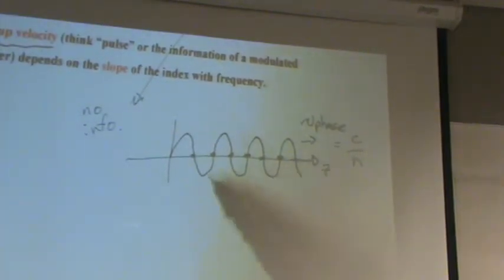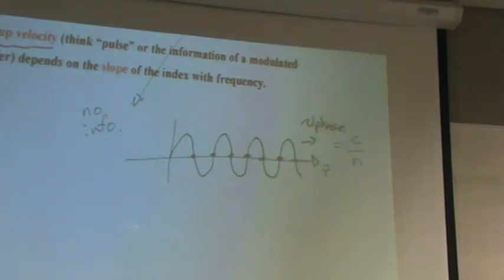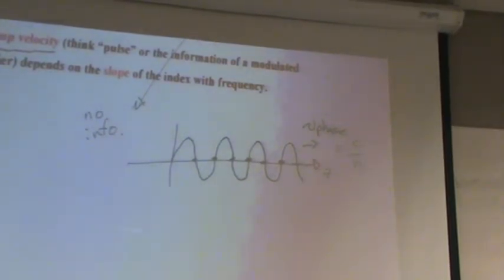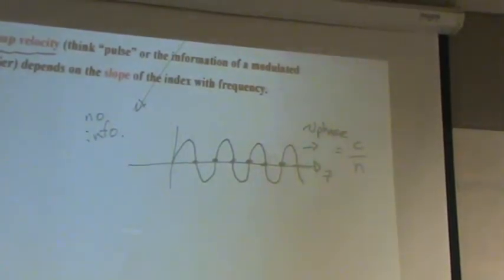But there's no information on this signal. This is just a tone. If you came into the room and I just sat here and went, am I conveying any information other than that Shepard's gone crazy? No, there's no information there.